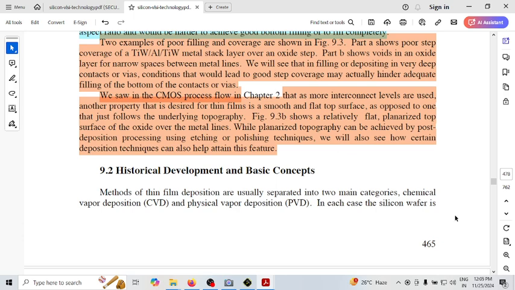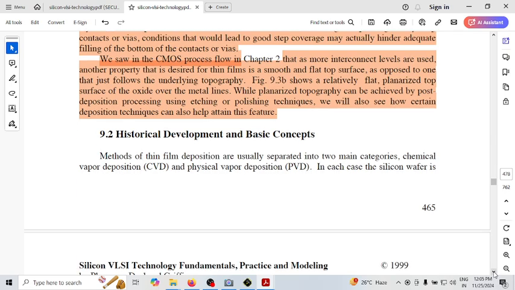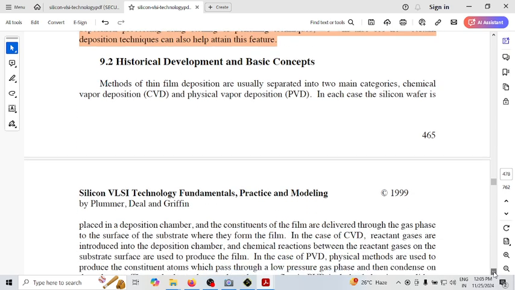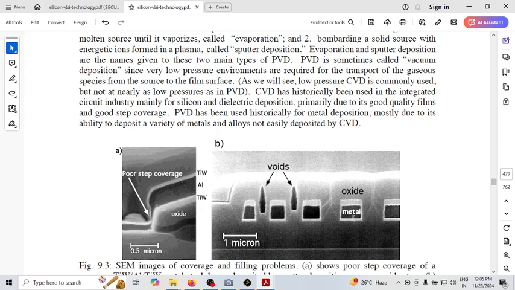So what they are trying to say is, whenever you are doing a deep and narrow filling, the aspect ratio has to be not too much. Here, this is oxide, and this is titanium tungsten, and this is aluminum, and this is again titanium tungsten. Can you see there is a step here? So this was supposed to be deposited. This is a poor step coverage.